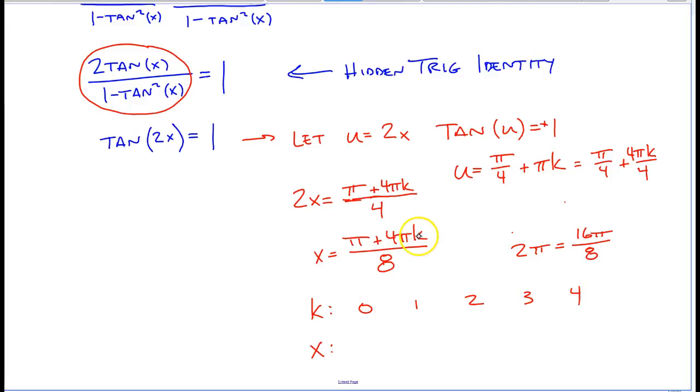When I start with k equals 0, I get a solution of pi over 8. When I go with k equals 1, I get 5 pi over 8. When I go with k equals 2, I get 9 pi over 8. And again, each of these numerators is increasing by 4 pi.